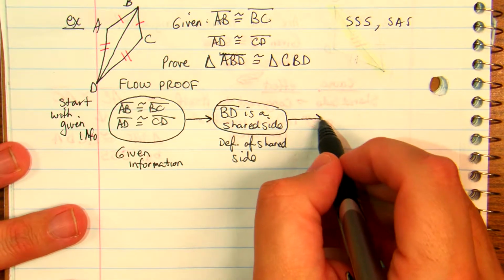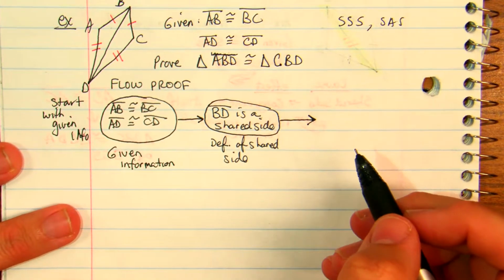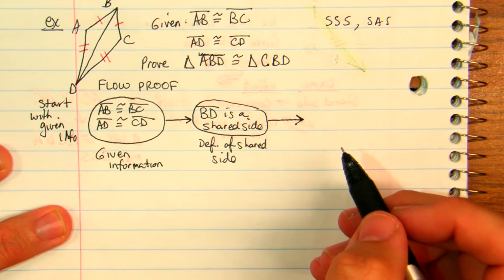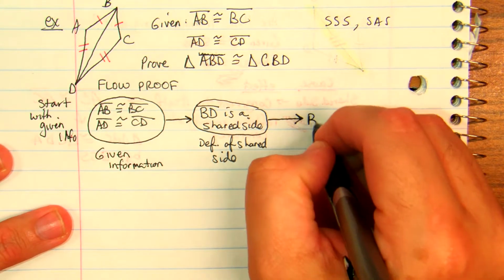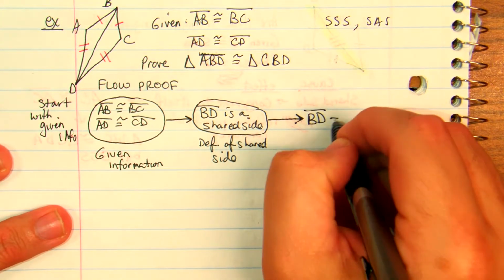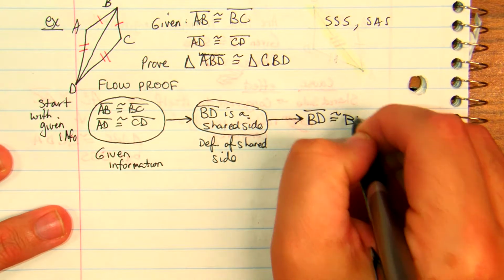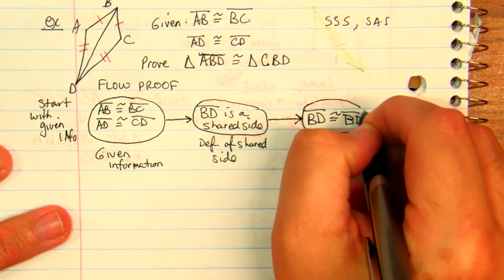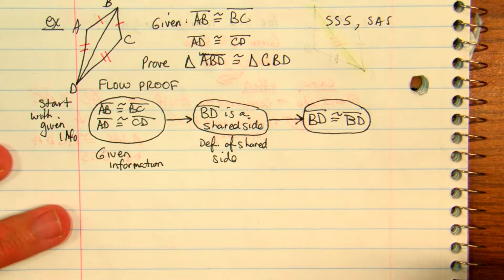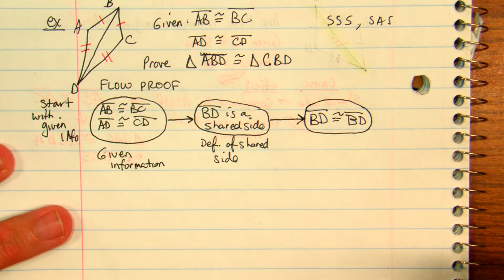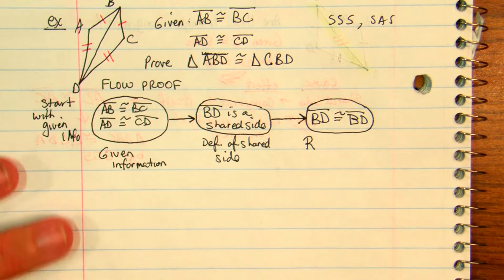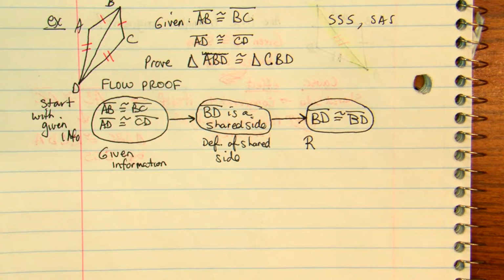Now what's next? What do we know about shared sides? It's congruent to itself. So BD, segment BD is congruent to segment BD. Now, if something is congruent to itself, what did we say is the reason why?